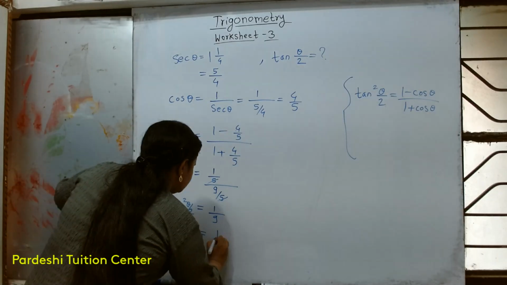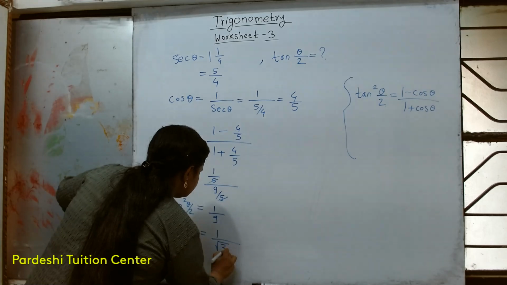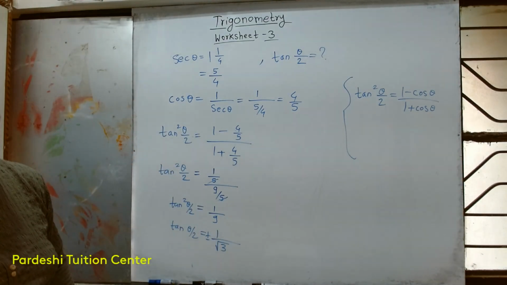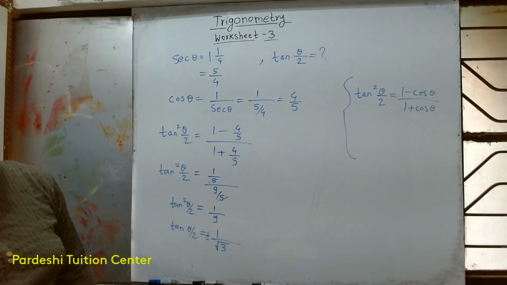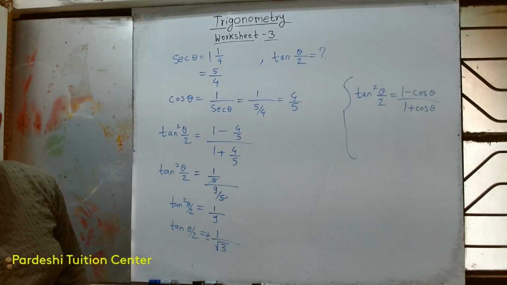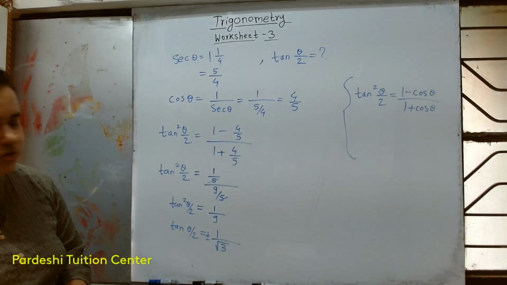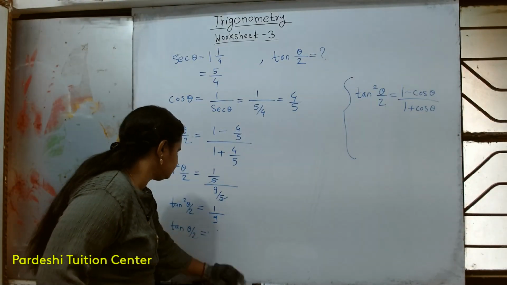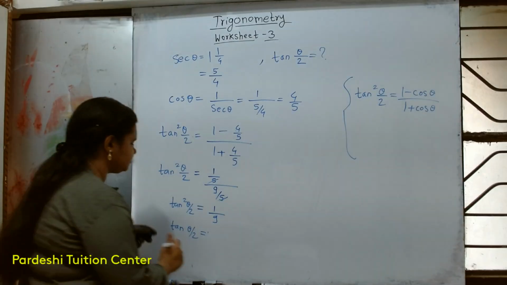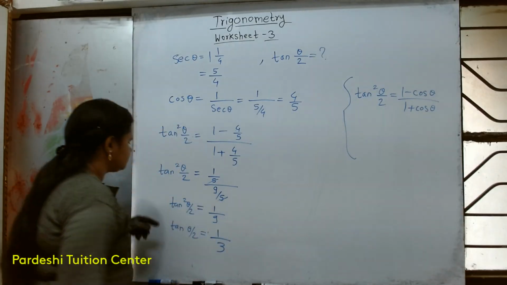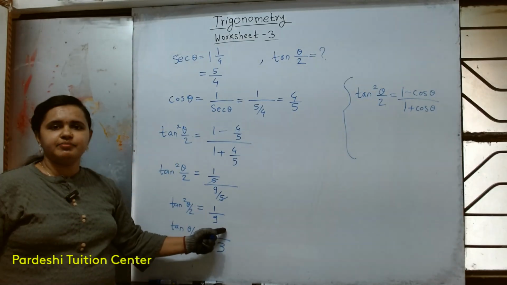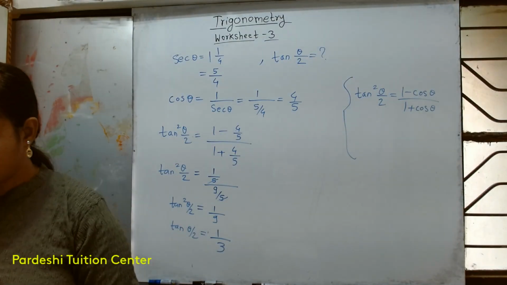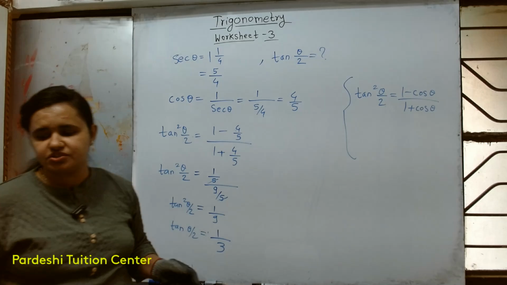We will get the value as plus minus 1 by root 3... Okay, we are taking square root, so it will be 1 by 3, square root of 9 is 3. So tan square theta by 2 we have got 1 by 9 and tan theta by 2 is 1 by 3. So it will be our first option, that is 1 by 3 of question 20.